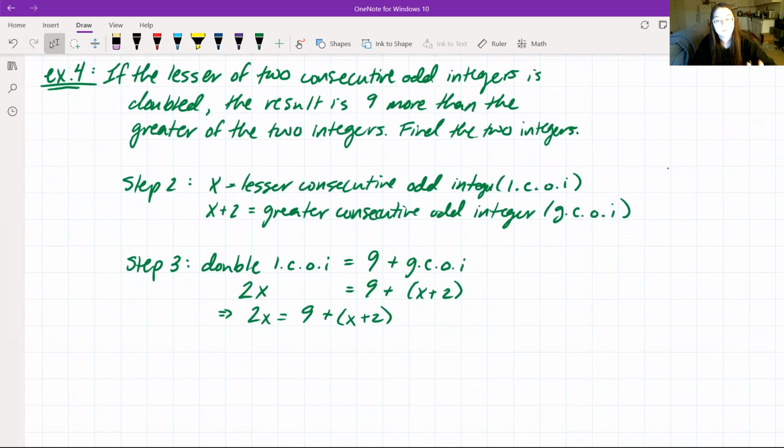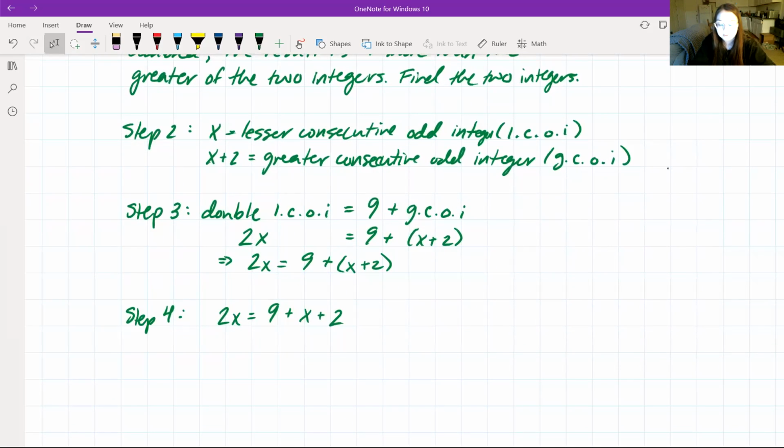So here's our equation. And now for step 4, we want to solve. Our x plus 2 is in its simplest form. We're just adding, so our parentheses don't matter, so we don't have to write them. So we're going to write 2x is equal to 9 plus x plus 2.